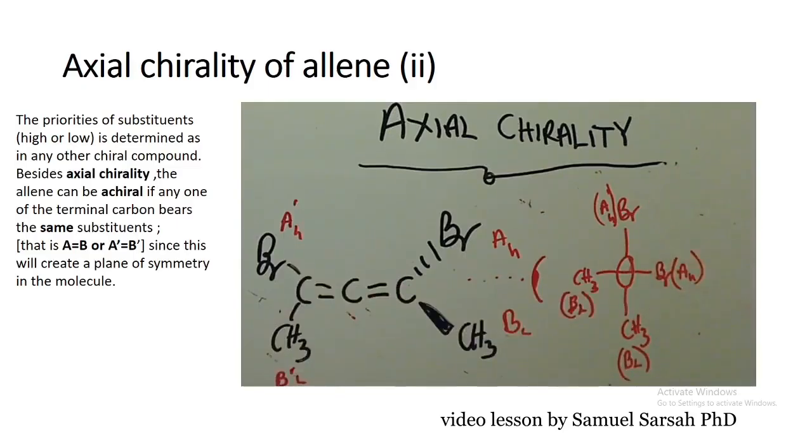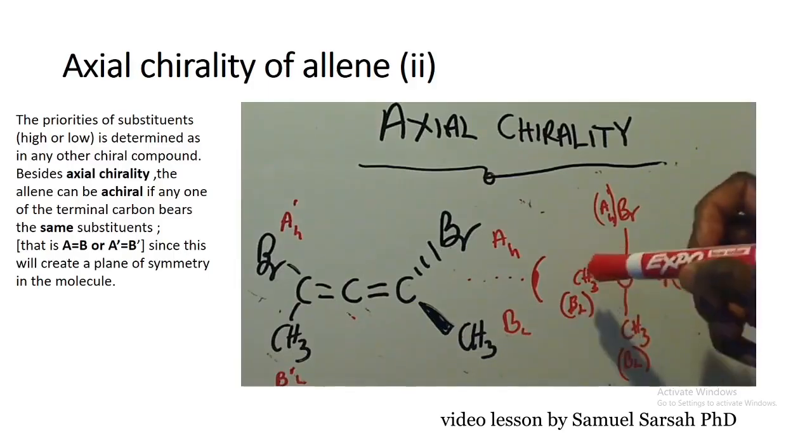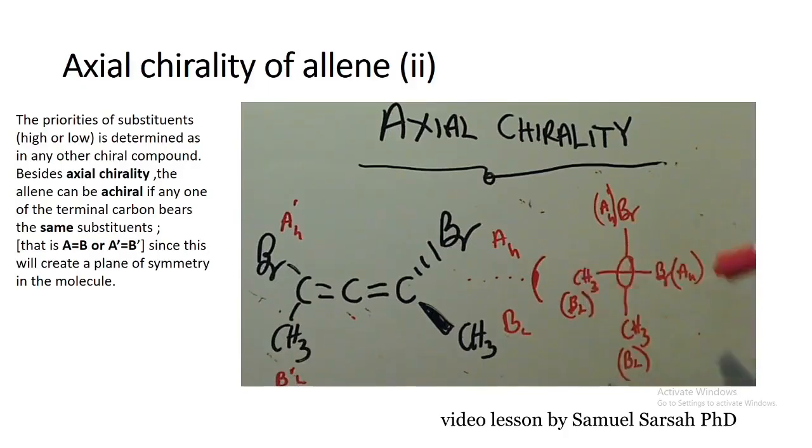So I have to start by looking at the lowest priority of my starting point, and then move towards the direction of the higher priority of the other group behind me.